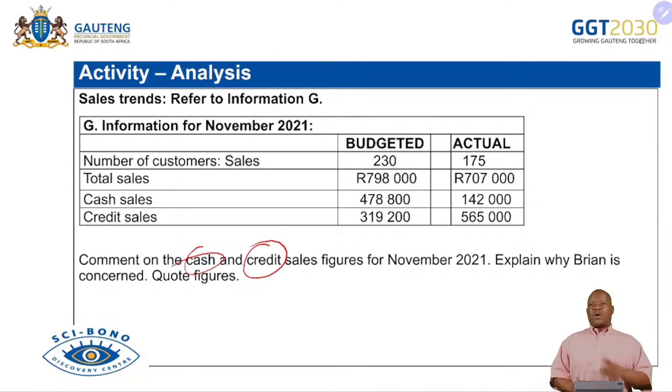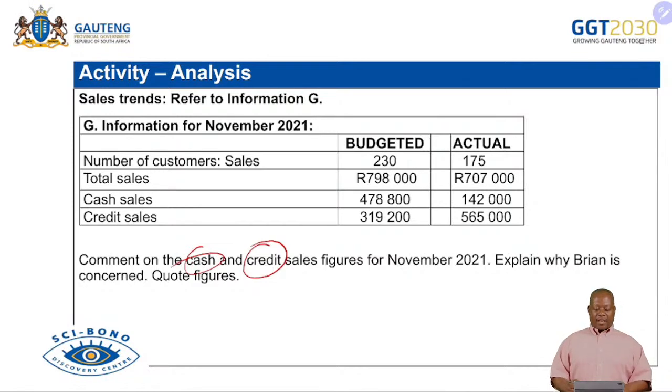Yes. Because remember, credit sales is give me the goods now and I will pay later. Now, we had budgeted to receive more cash sales and less credit sales, which means we had budgeted to receive more of our cash now than later. And this is not taking place.